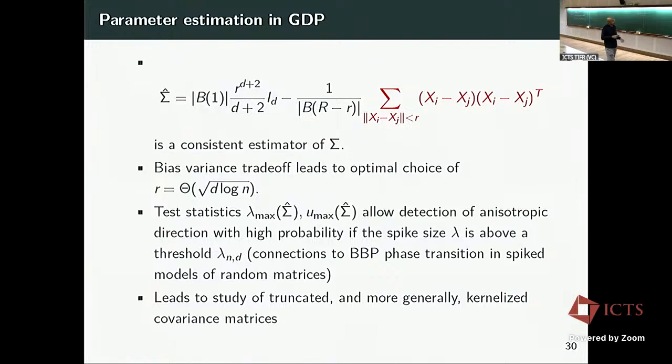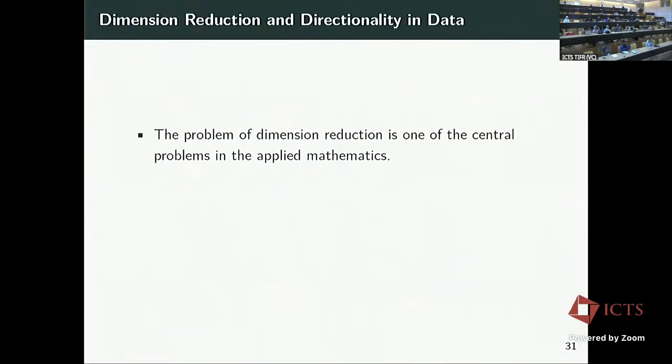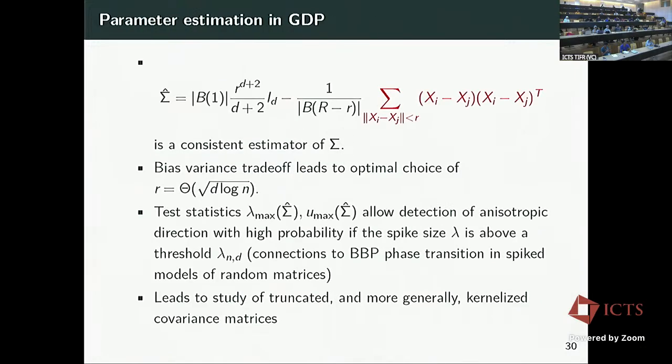So in some sense, what we are looking at are truncated sample covariance matrices.